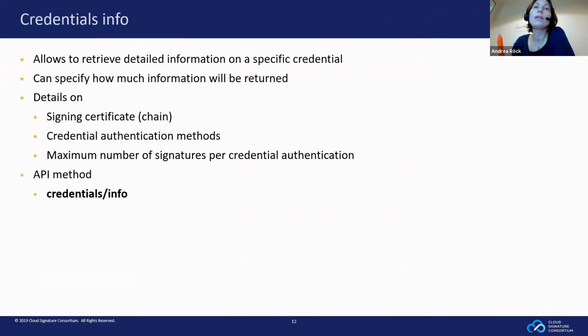Then the credential info method allows to give the information of a specific credential. When applying this method, you can specify which information you want to know. For example, do you want to have the certificate or the certificate chain?